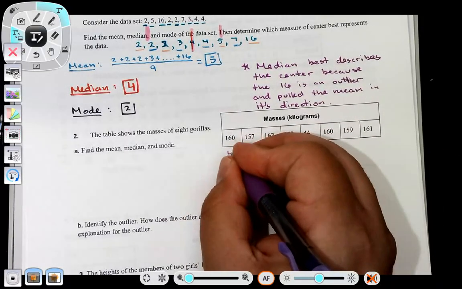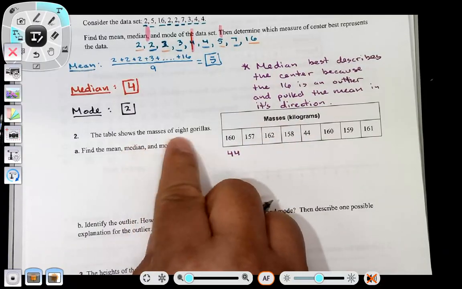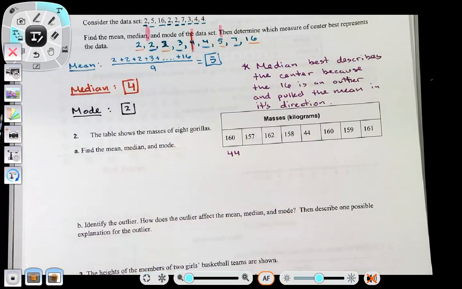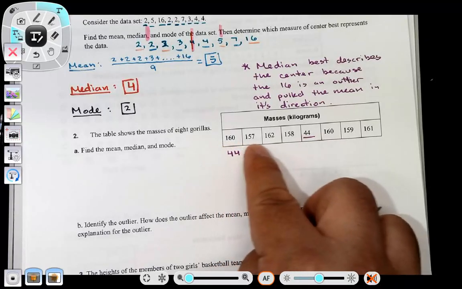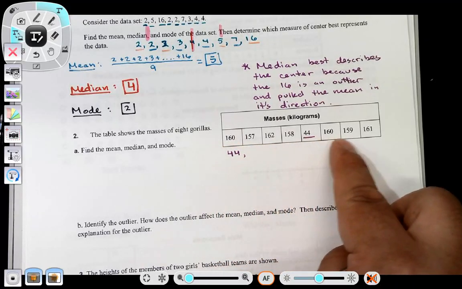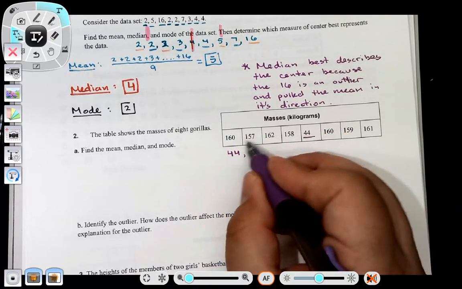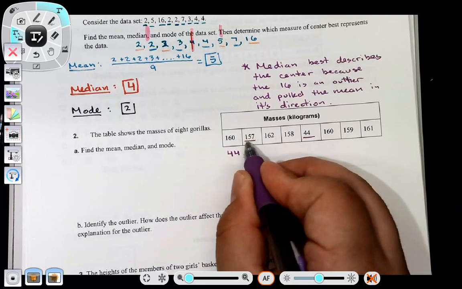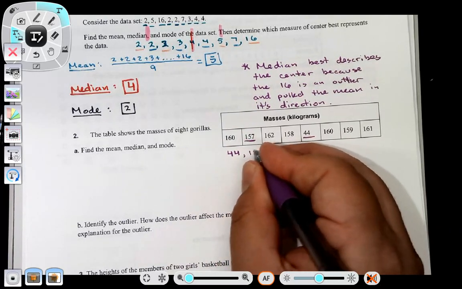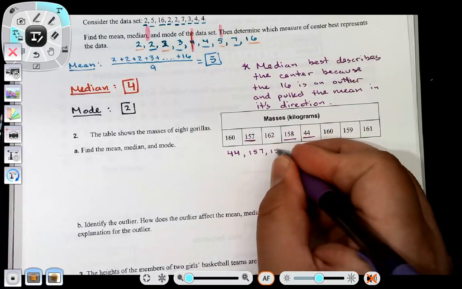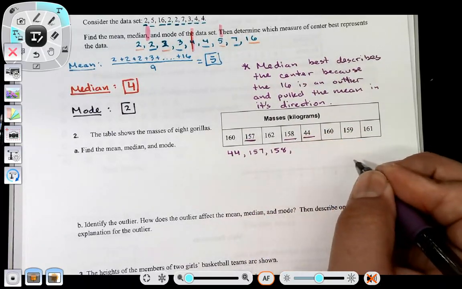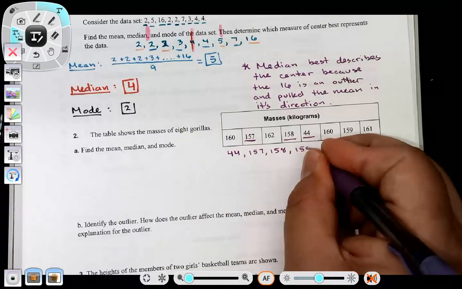44. And remember, this table shows the masses of 8 gorillas, so how much they weigh. So there's a gorilla that weighs 44. What's the next one on the list? I have a 157. Well, 157 is smaller, no? Yeah, so 157. 158 is next. 159.